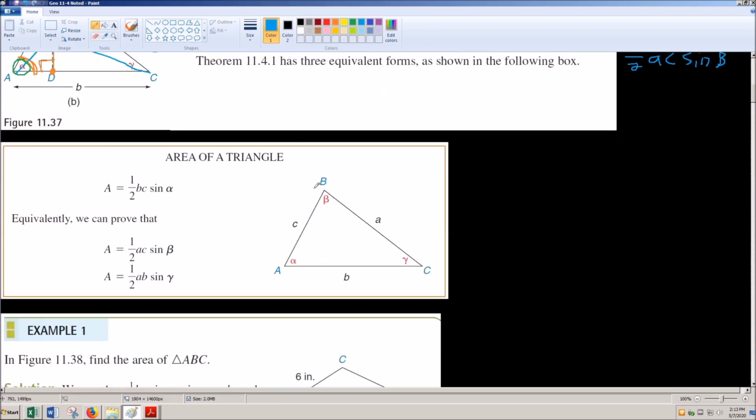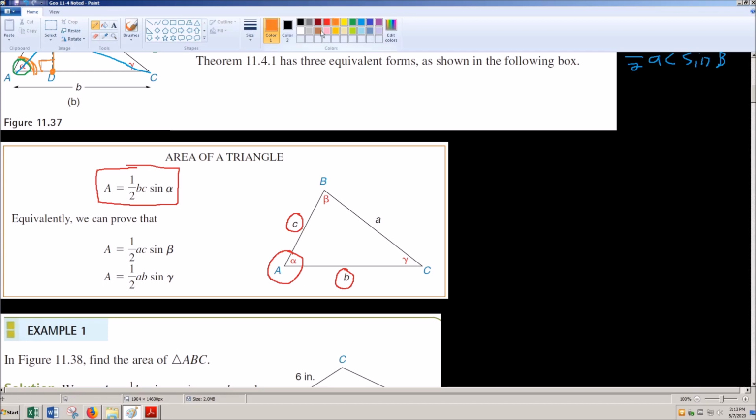So here, I'm just looking at a triangle, and here's what I'm going to try and emphasize for you guys: if I've got this angle, which I am using, I'm going to use the 2 sides that are adjacent to it. So for this setup, I'm going to say this is my setup in red here for alpha. So again, using the alpha angle, and then the 2 side lengths next to it: 1/2, those 2 side lengths multiplied, times sine of that angle alpha.